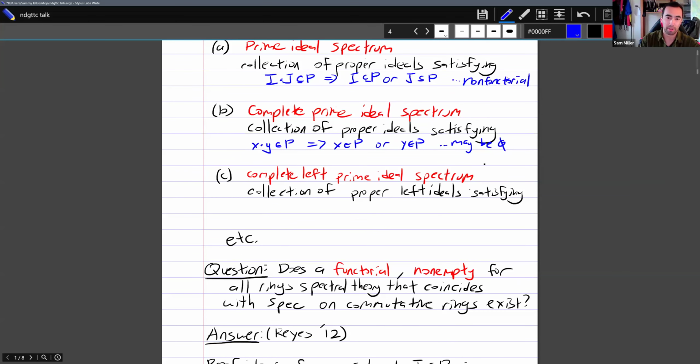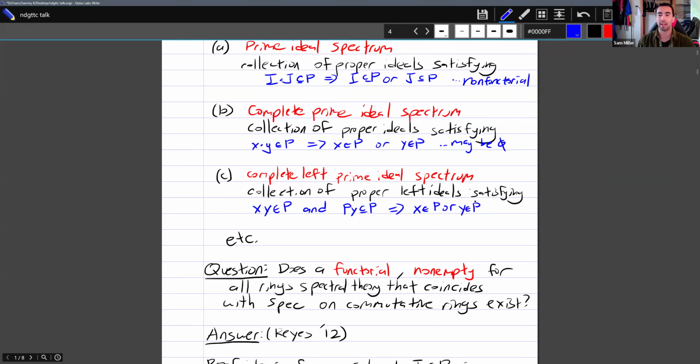And then just one more for good measure, we can take the complete left prime ideal spectrum, and complete left prime ideals are defined a little more interestingly. We have that xy is in P, and we have the additional condition that if you multiply P by y on the right, it's contained in P again, then this tells you that x is in P or y is in P. This one is sort of a happy medium.